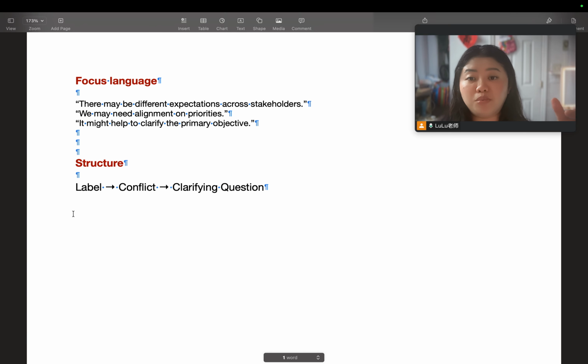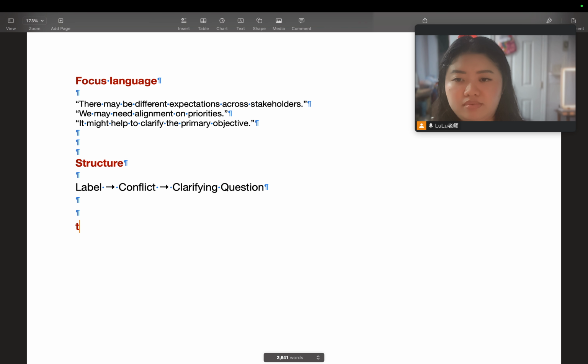It might help to clarify the primary objective, or what is the primary objective here? You see what I just did? Label of the two issues, conflict, clarifying question. Let's practice some scenarios and go from there.